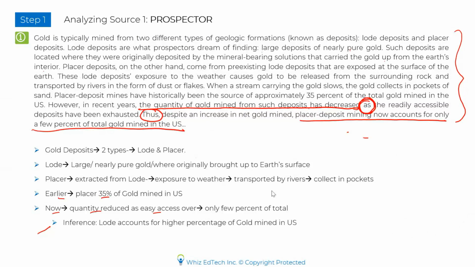Vivek, is it clear? The reason given is with the help of as. And because the quantity of gold mined from the placer has decreased, that is why the placer deposit mining is now accounting for only a few percent. Okay, so the thus is there, you have to be careful. These are just add-on information bits. So you've drawn the wrong connections here.